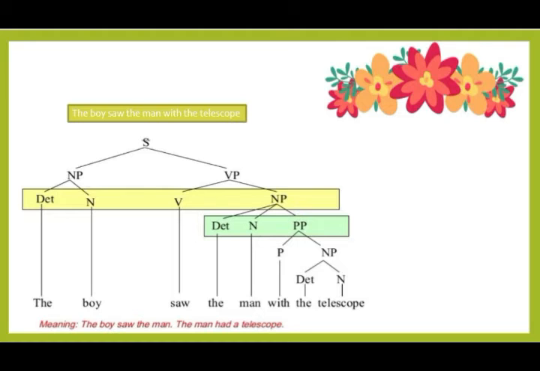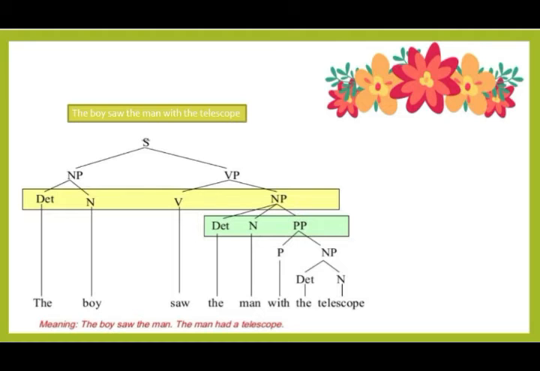The prepositional phrase "with the telescope" occurs under the direct object noun phrase, where it modifies the noun "man". In its second meaning, the complement of the verb "see" is the noun phrase "the man with the telescope".